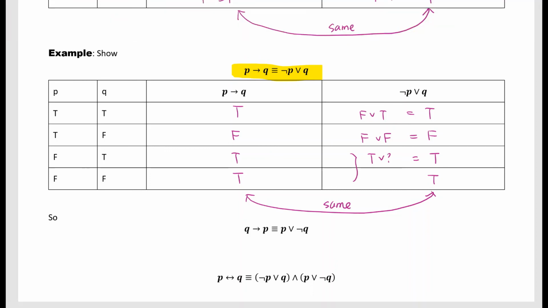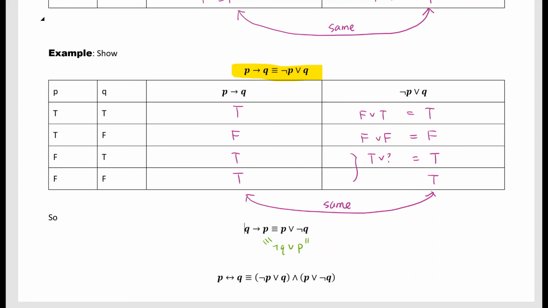Okay, so we use the same formula, but we just switch the P and Q. So by that formula, Q implies P is equivalent to not Q or P. And it's the same as P or not Q, right? Just put P in the first place.